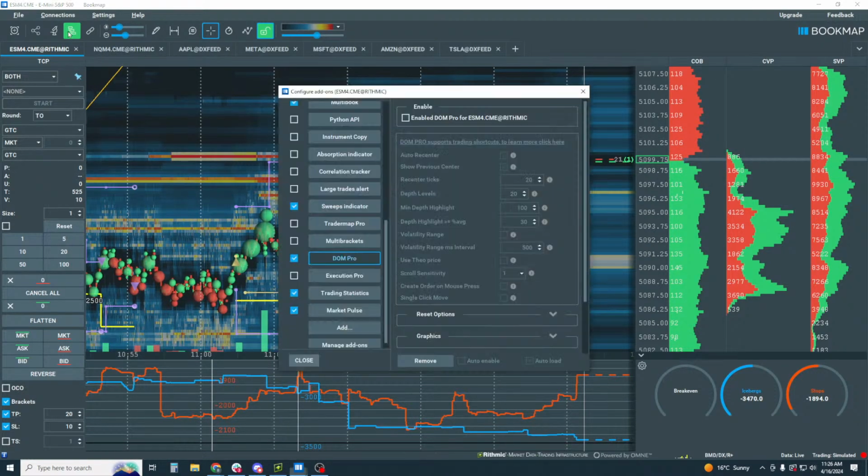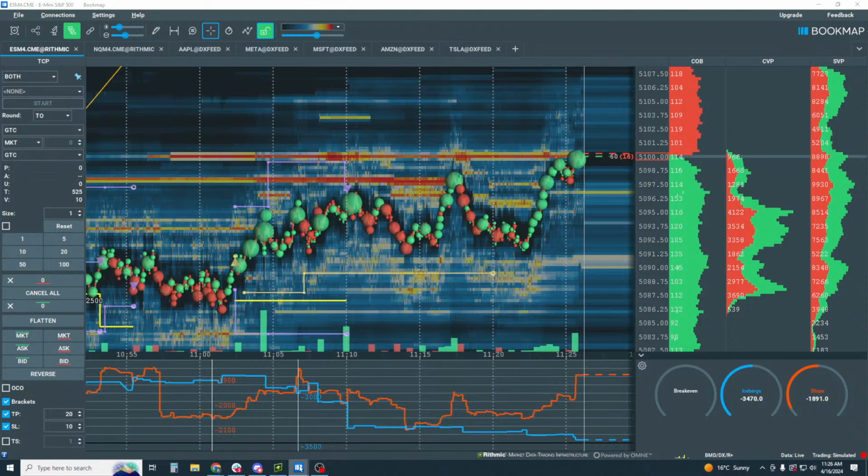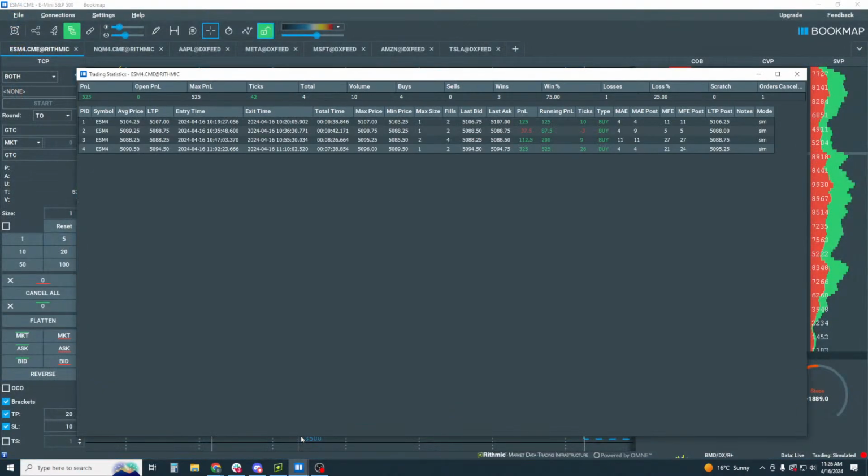But what I want to cover in here is the trading statistics, right? Because I don't think we had a loser, and I actually kind of don't like that. Oh no, I'm sorry, we did have one loser here. All right, so that's not so bad.